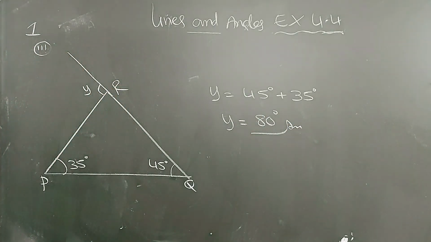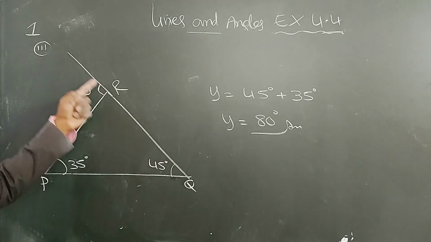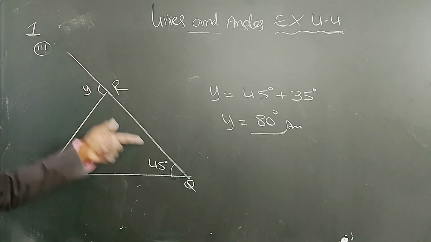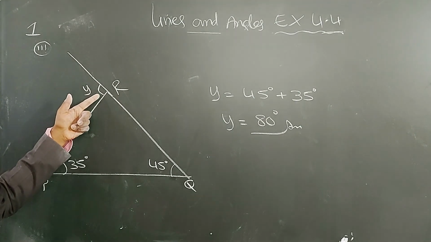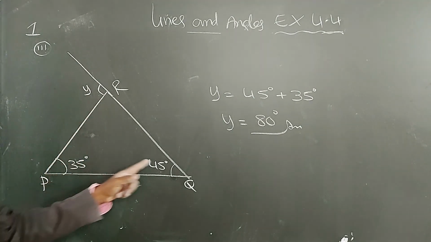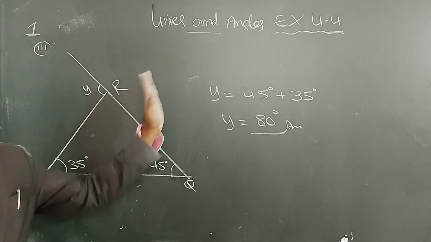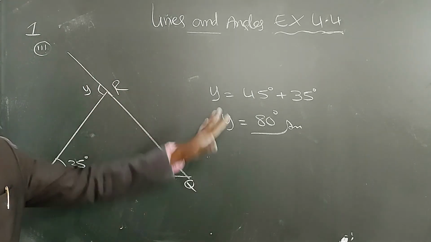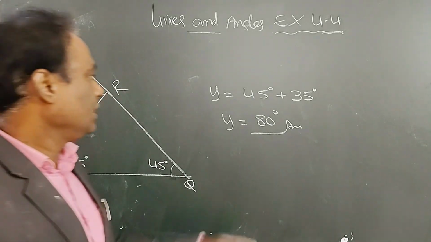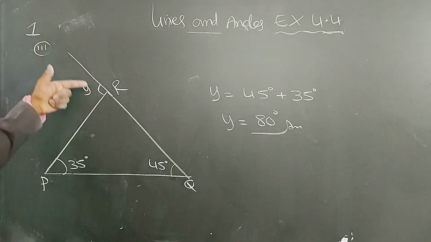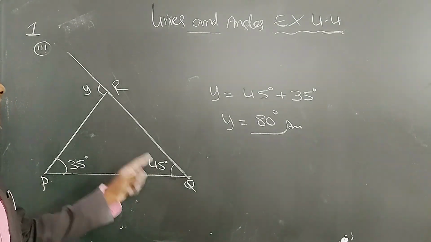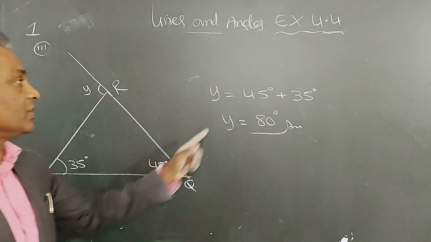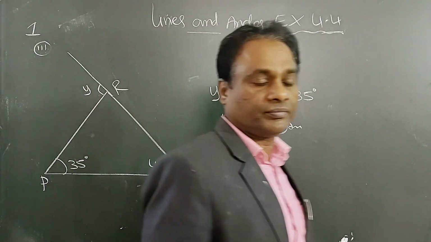The reason is when the side QR is produced, the exterior angle so formed is equal to the sum of two interior opposite angles. Write down that reason and write y. Angle Y is equal to 35 plus 45, which is 80.